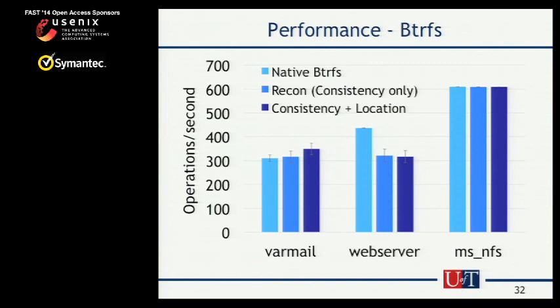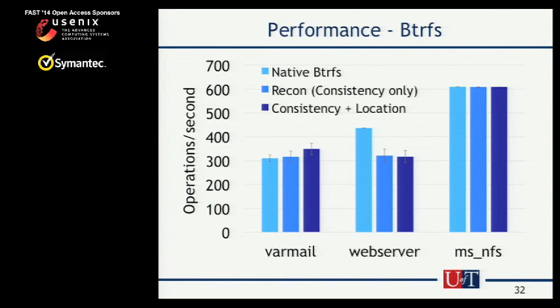And as you can see, the consistency invariants add negligible overhead. In fact, it's often just within the error bars. In addition to that, adding the location invariants on top of this doesn't really incur any additional penalty.